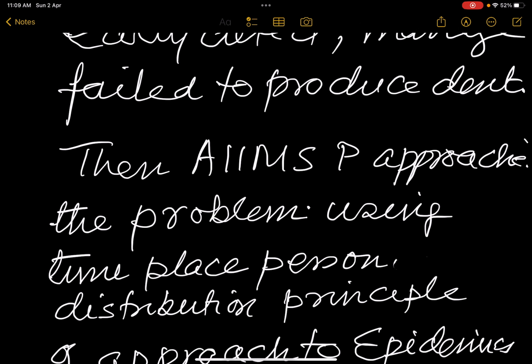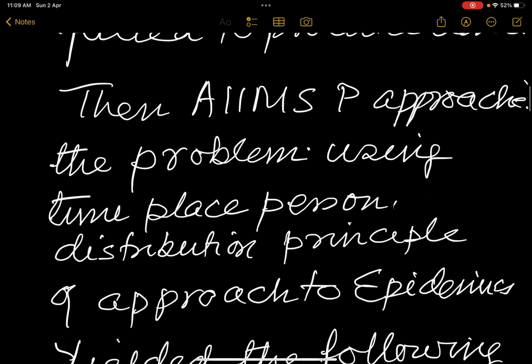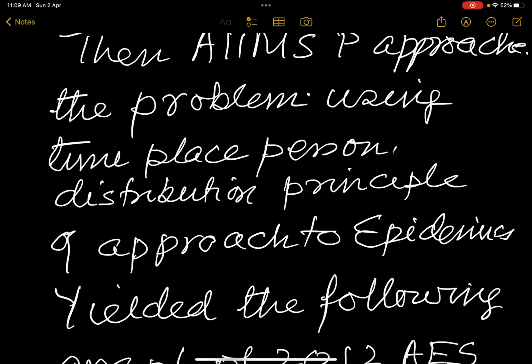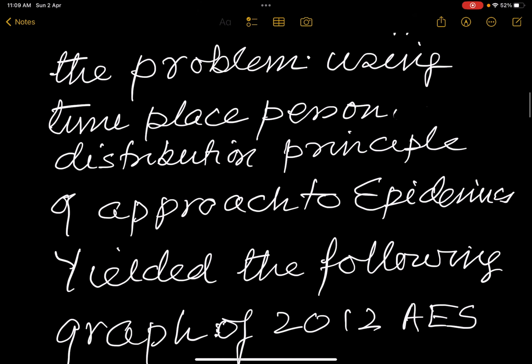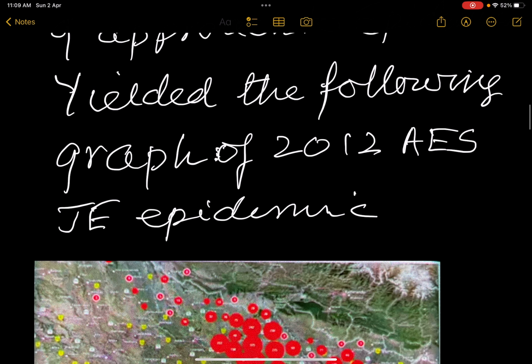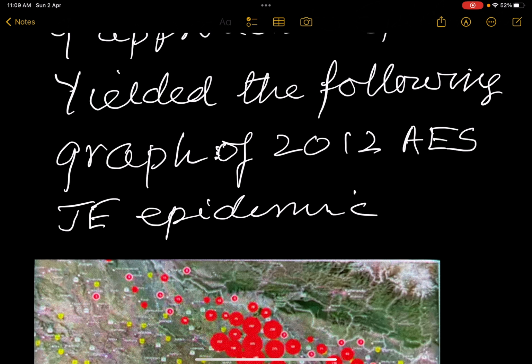Then AIIMS Patna approached the problem scientifically using the time, place, and person distribution principle of approach in epidemiology. This yielded the following graph of the 2012 AES/JE epidemic.